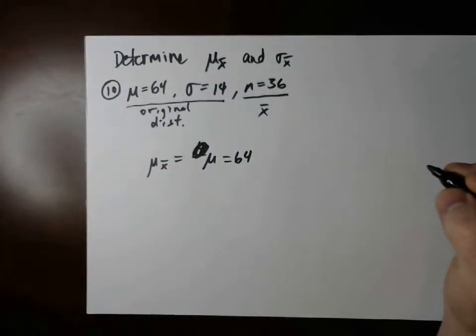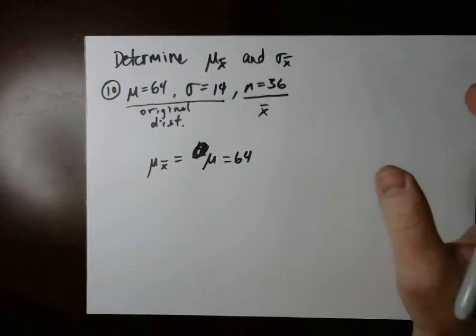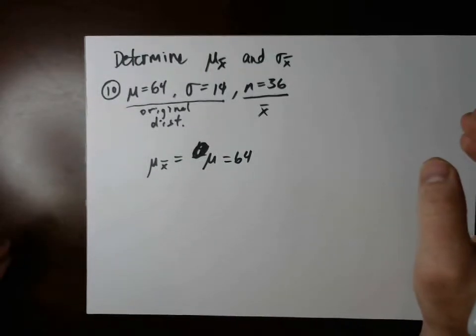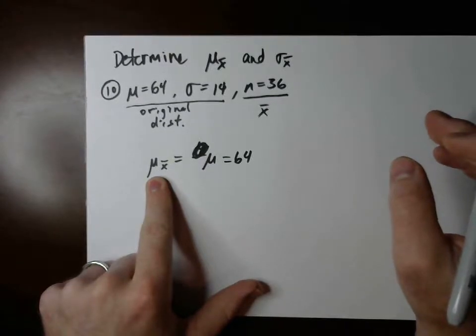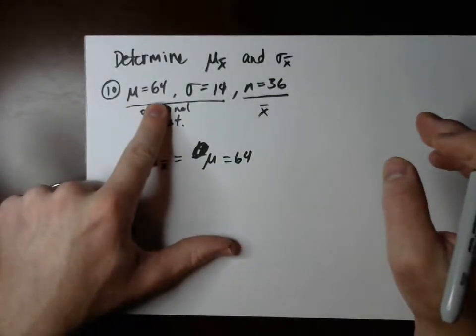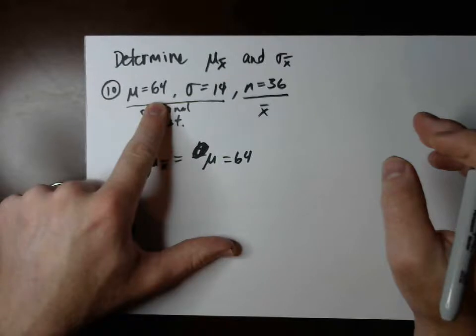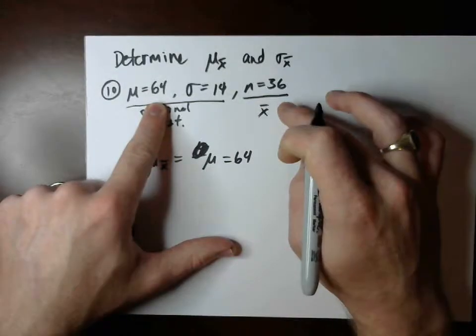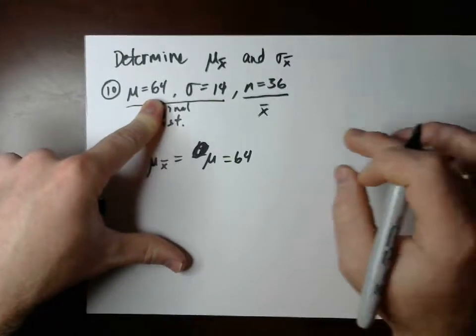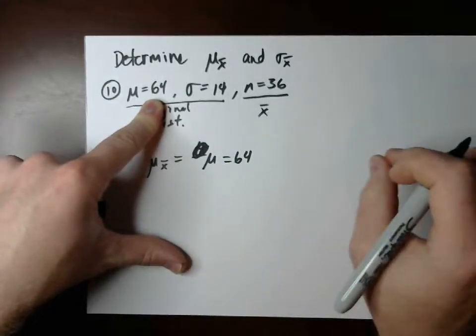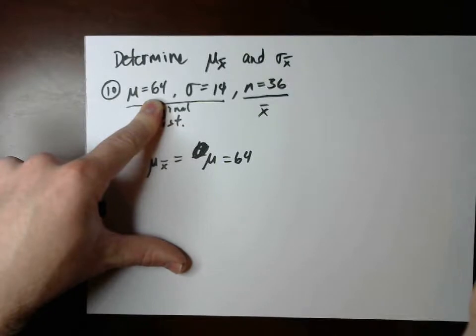Hopefully you can understand why this is true. Essentially what we're doing is taking the average of the averages, and we expect that average to be approximately 64. So you find one x bar of size n equals 36. It might be a little above 64, and then we take another x bar, a little below 64, and do this essentially an infinite number of times.